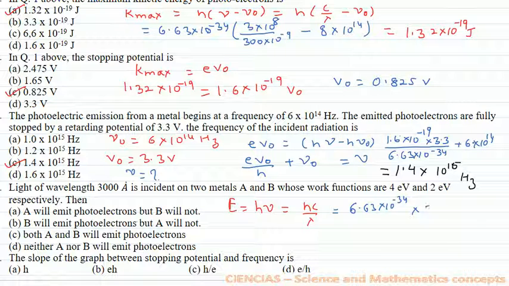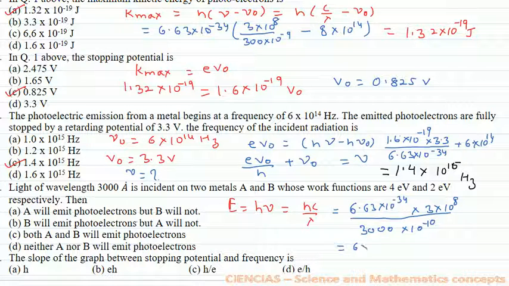The value of c is 3 into 10 to the power 8 and the wavelength is 3000 angstrom, meaning 3000 into 10 to the power minus 10. On solving this, we get the energy equal to 6 into 10 to the power minus 19 joule, or in terms of electron volt, this is equal to 3.75 electron volt.